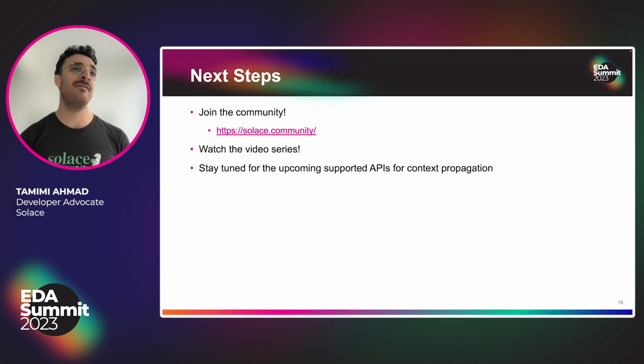We have a video series about distributed tracing in event-driven architecture. If you go to YouTube and search for distributed tracing in event-driven architecture, you'll see a video playlist about distributed tracing in EDA. And we are continuously releasing more support for our native APIs for context propagation.